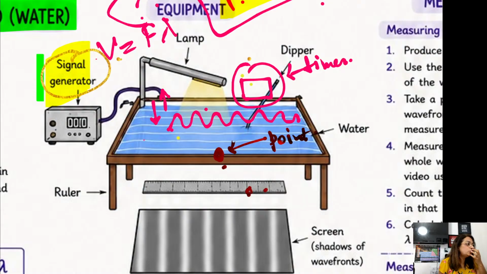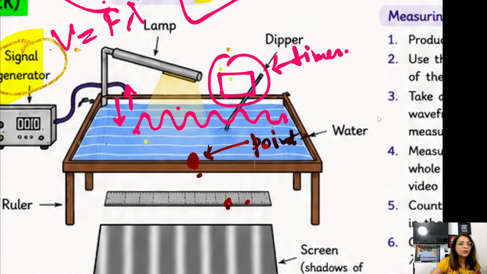So what should we do? Somebody already said it in the top part. What should we do if you can't count the waves in 1 second? Come on, use technology and use a video to record it along with the timer.